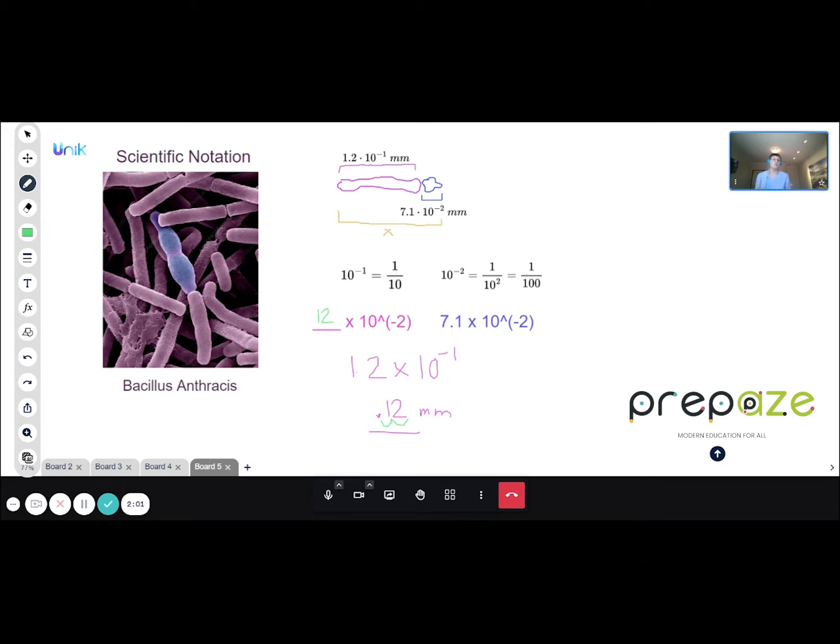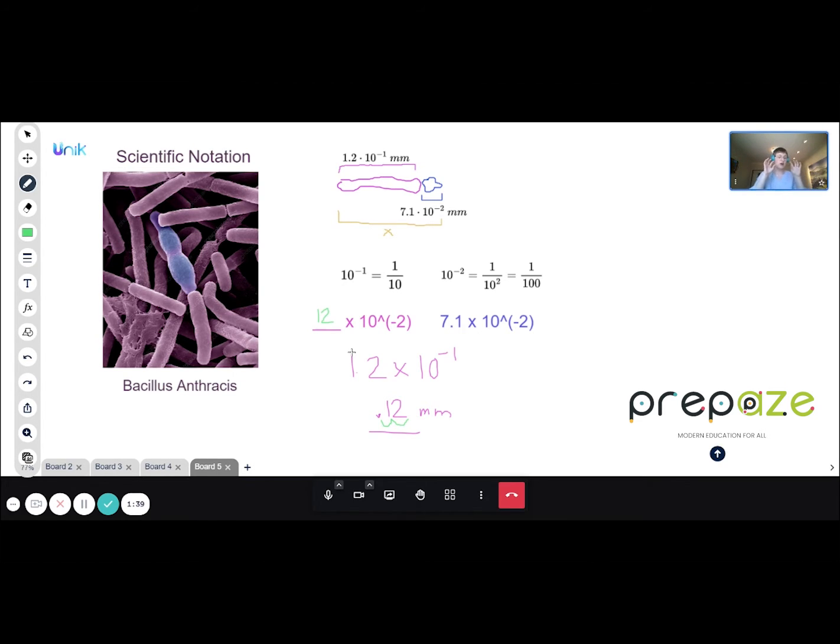Now we're dealing with a like denominator. We've got 12 times 10 to the negative second, or divided by 100, plus 7.1 times 10 to the negative second, or 7.1 divided by 100. We have a common denominator. Now we can add our numerators. This also works the same way with subtraction.